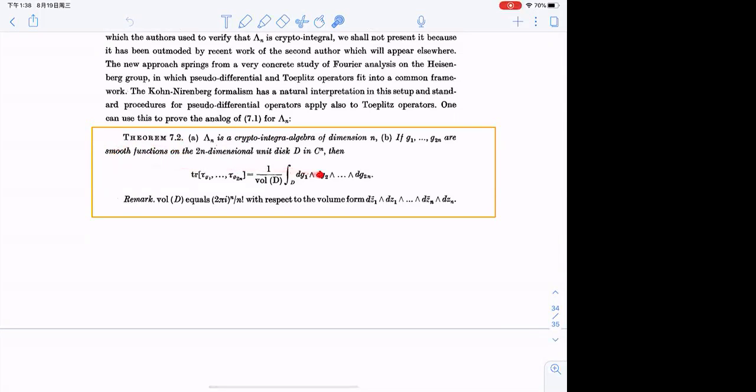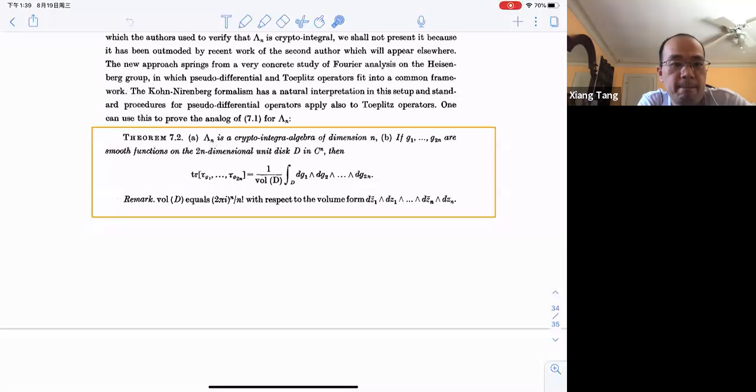So if this formula is true for smooth functions, I think we can do the same. We can have this formula for submodules for smooth symbols. That would be true. Is that what you're asking for? Yeah, I was asking about that. Okay.